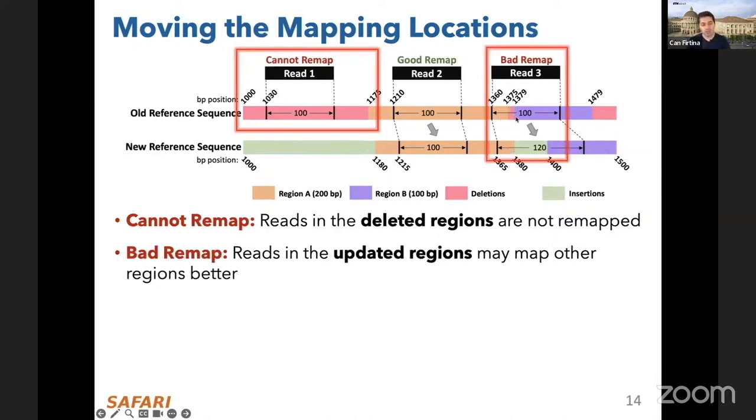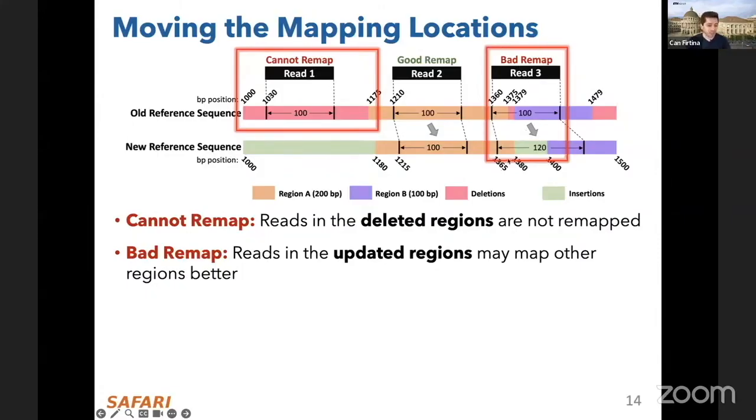This means that the read was aligned to that particular region in the old reference genome by taking into account all the differences between this region in the reference genome and the read. But now there are newer differences, meaning the alignment score that we're calculating would have changed if we aligned this read to that particular region again.